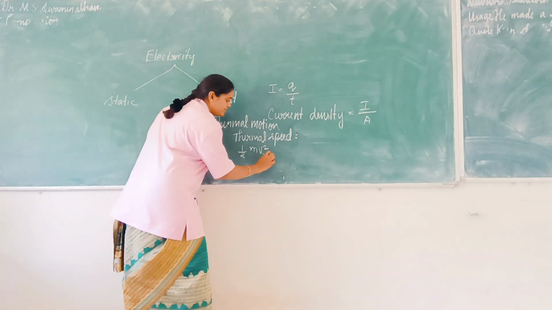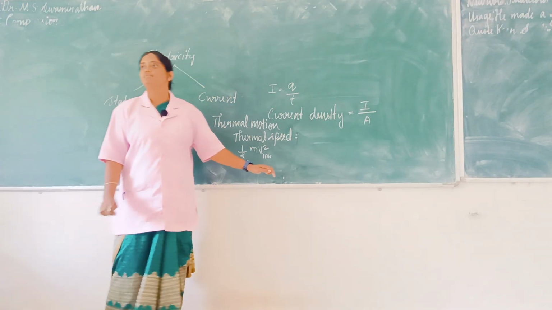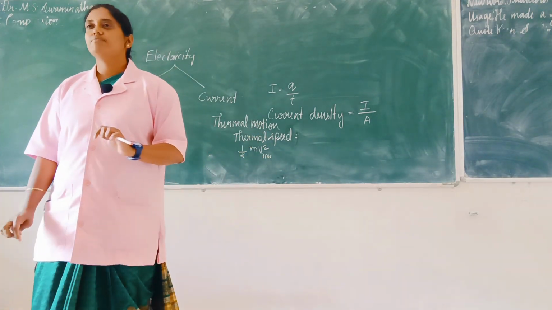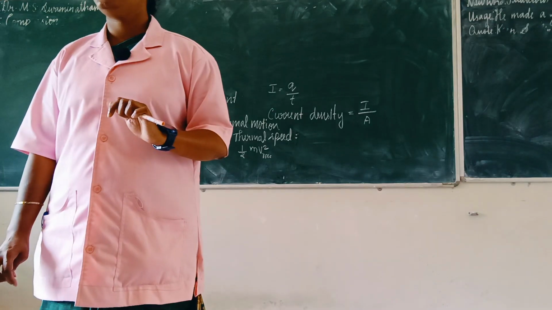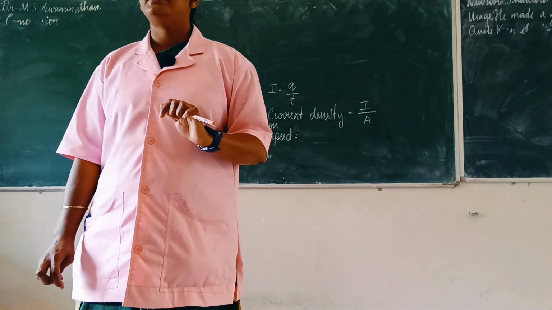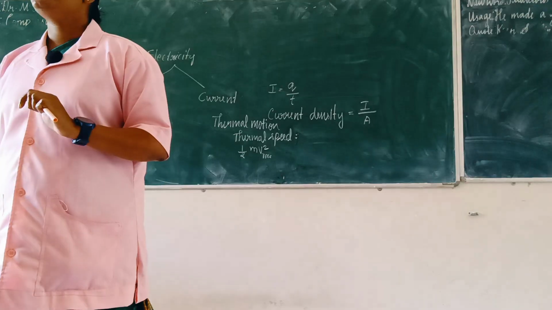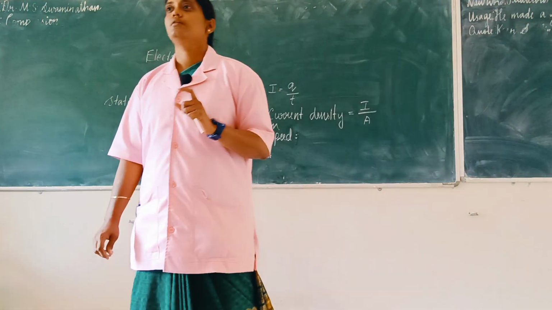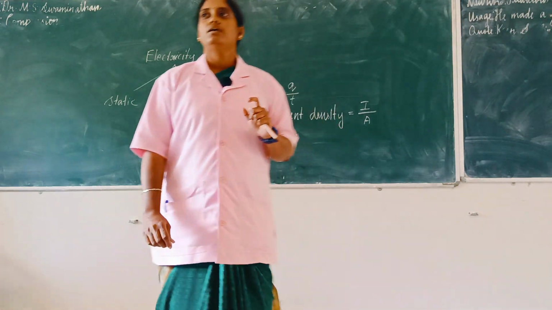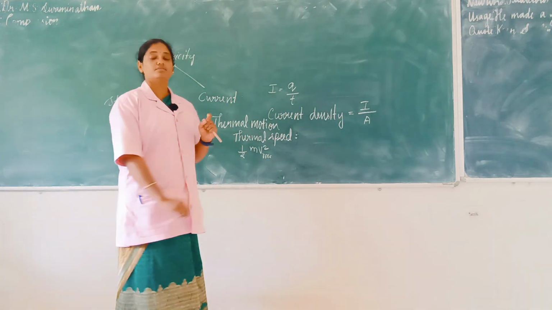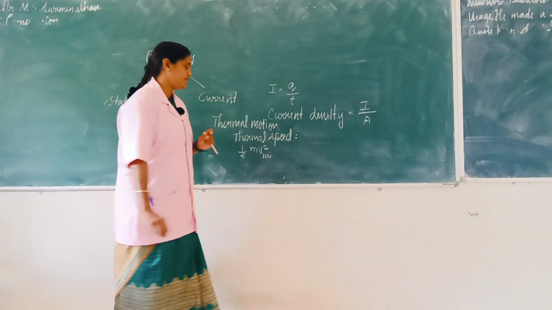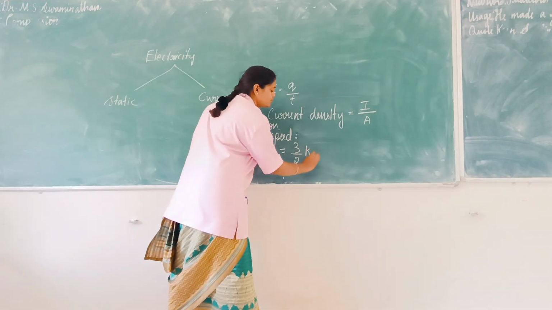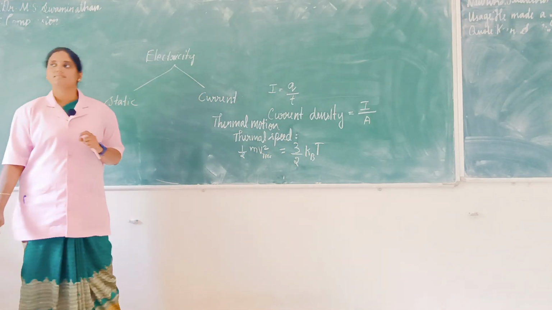Let this v be the average value. I am taking here the RMS value, which is the average value. And this energy value is also given by the scientist Boltzmann, isn't it? The Boltzmann constant energy equation: 3 by 2 kB T. Both the energies are same, so I can equate them.